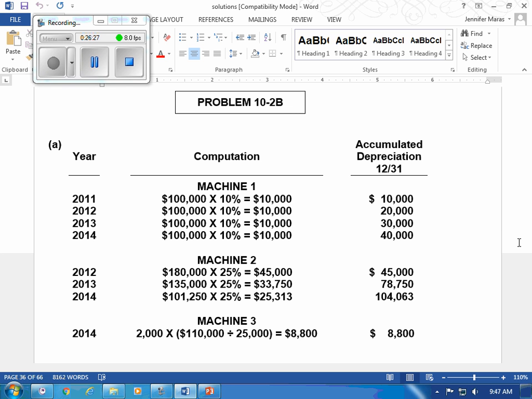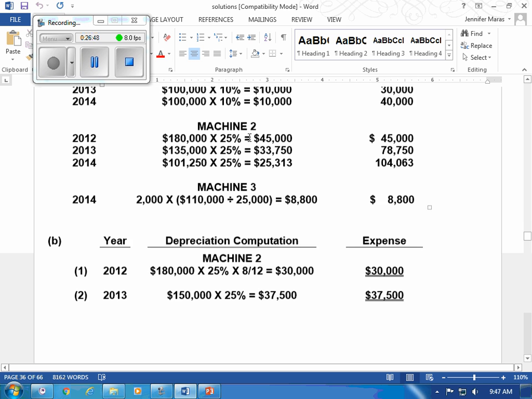So machine 1 we must have bought on January 1st, 2011. Machine 2 we must have bought in 2012, and machine 3, 2014. So they wanted you to only go through 14. I think our way tells the story better, but I hope these gave you the answers you needed.